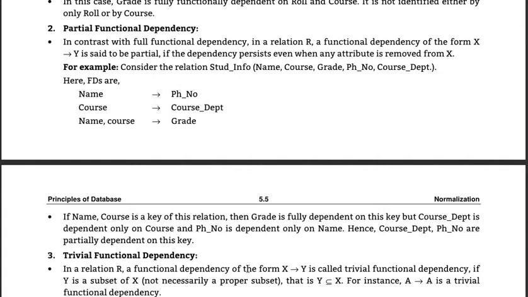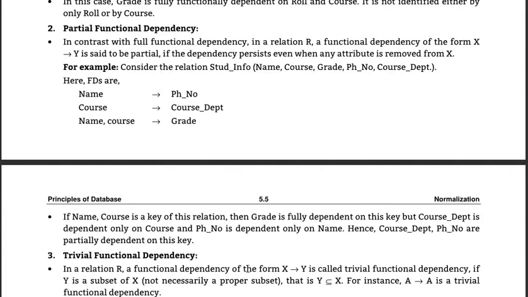Or you can read it as: phone number is functionally dependent on name, course department is functionally dependent on course, and grade is functionally dependent on name and course. Now if name, course is the key of this relation, then grade is fully dependent on this key, but course department is dependent only on course, and phone number is dependent only on name.